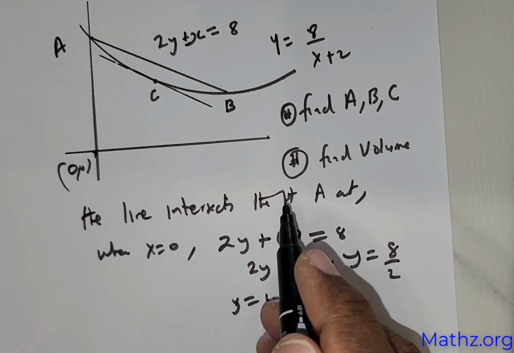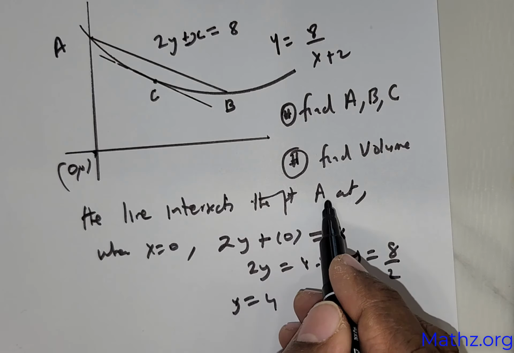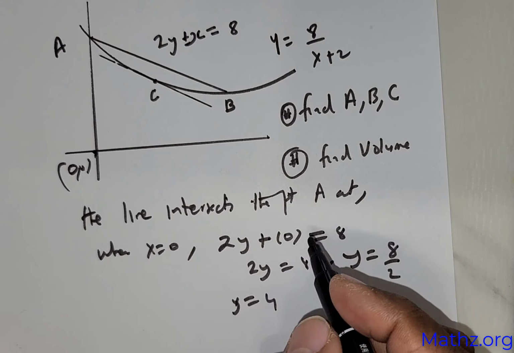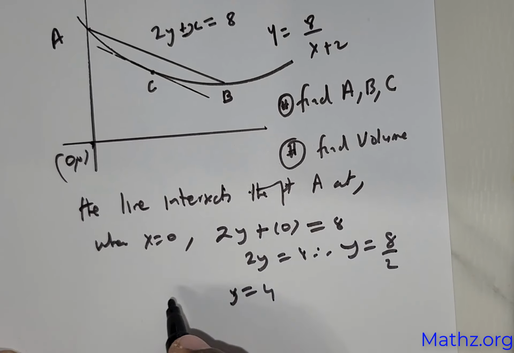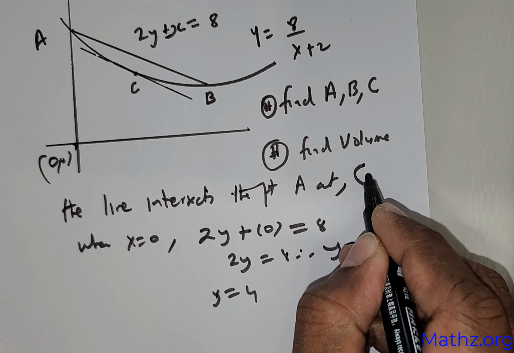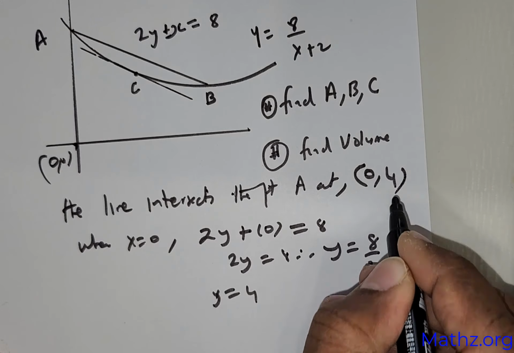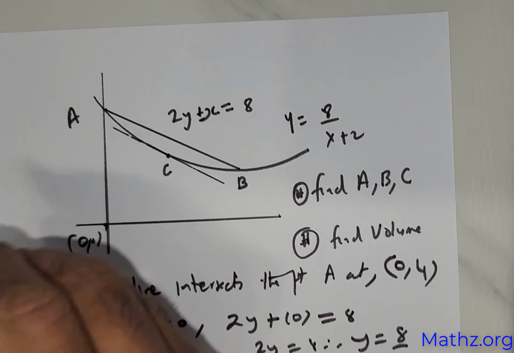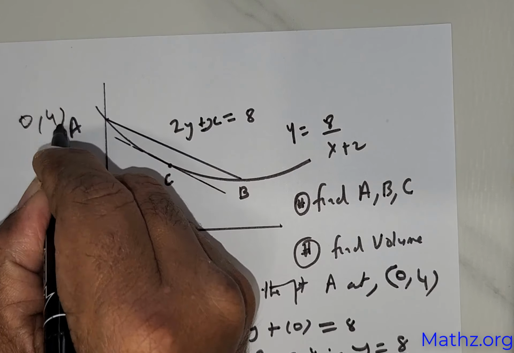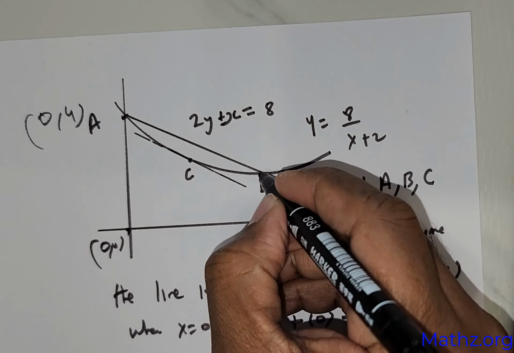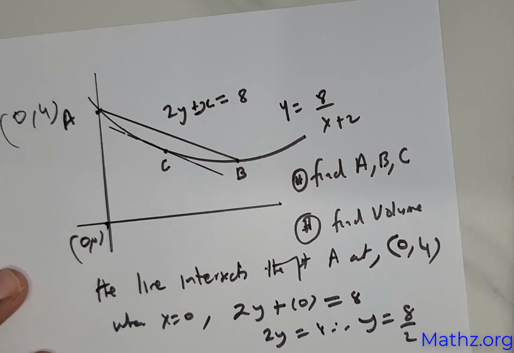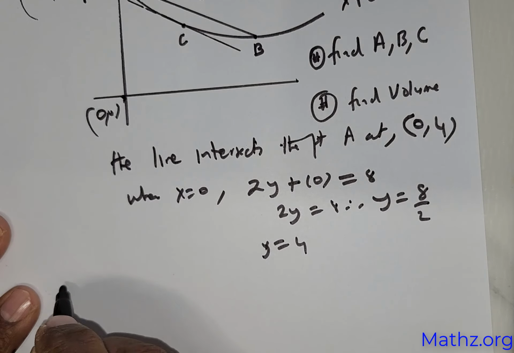So the line intersects the point A when x is equal to 0, y is equal to 4. So I'm going to state that 0, 4. So A is already got. Now the challenge comes to get this point B. That's the second part.